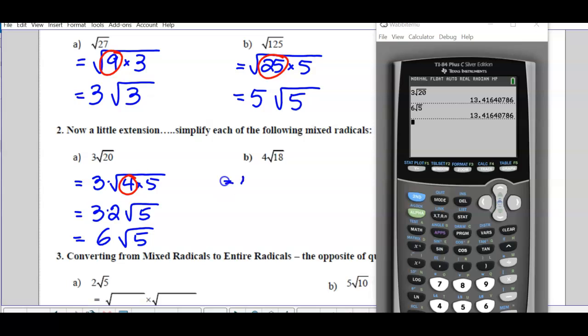Next one, again, that's 4 root 18, we want to simplify. So you want to look at your biggest perfect square that's a factor. It would be 9. Circle the 9 because it's a perfect square. Root of 9 is 3. So again, it's not 43, it's 4 times 3 root 2, which is 12 root 2.